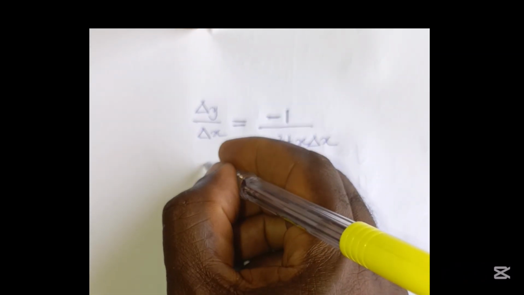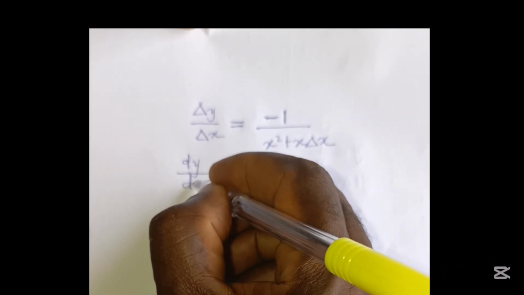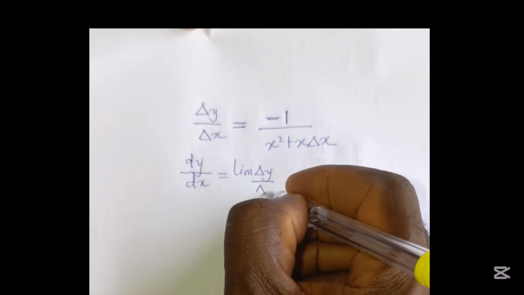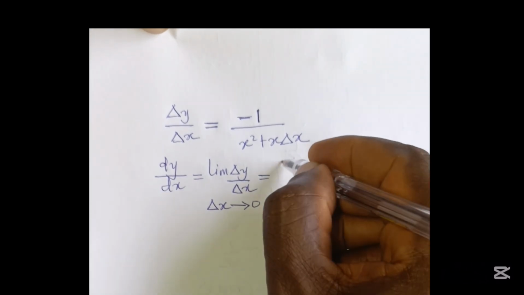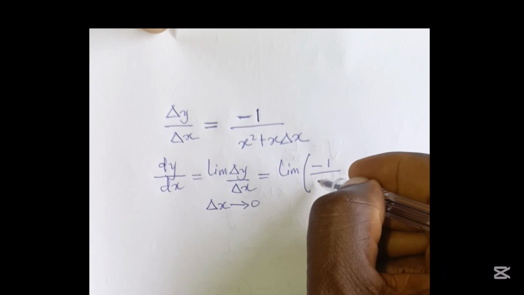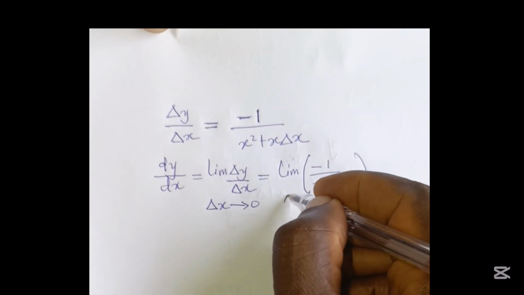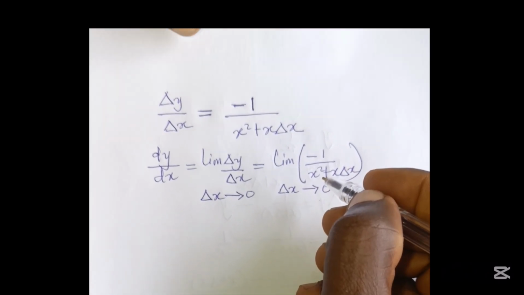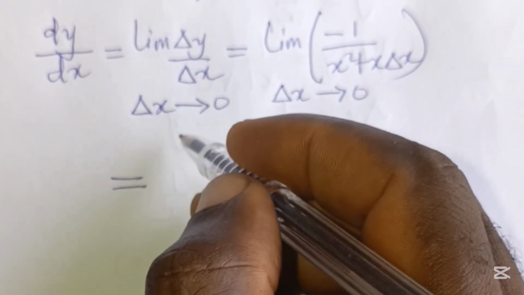So if we find our dy dx, we introduce our limit, which is limit of change in y over change in x equals limit of minus 1 over x square plus x change in x, close bracket. So we substitute as change in x approaches 0. Wherever we see change in x in the fraction, in the limit, we replace it with 0.